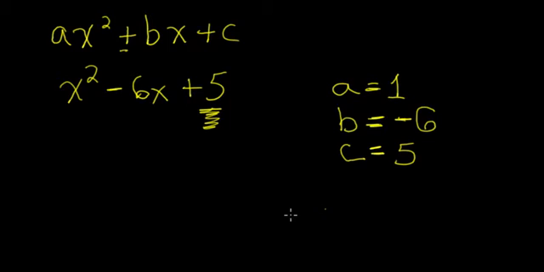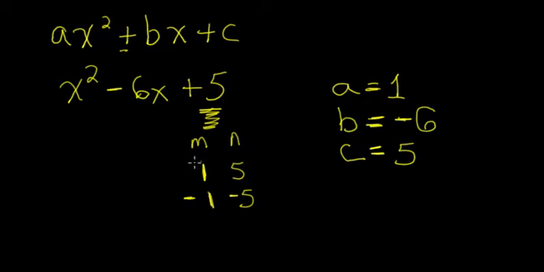What we're going to do here is focus on the c term. And so what we want to do is make a table of all the possible factors of c. Well, 5's nice because to get a positive 5, I need 1 times 5 or negative 1 times negative 5. Because a negative times a negative is a positive. In my table of factors, there's both of these. I'm going to label them m and n as my factors for right now.